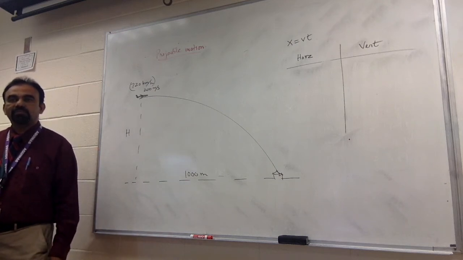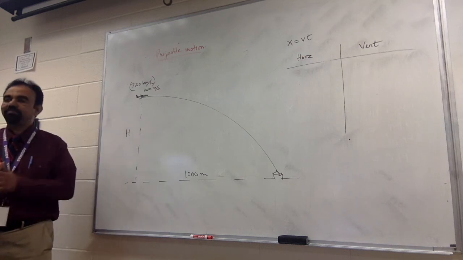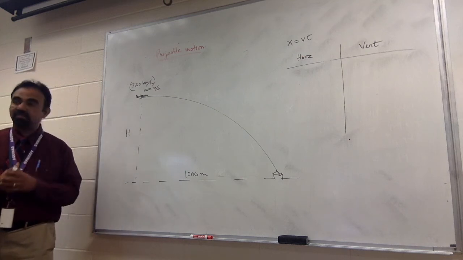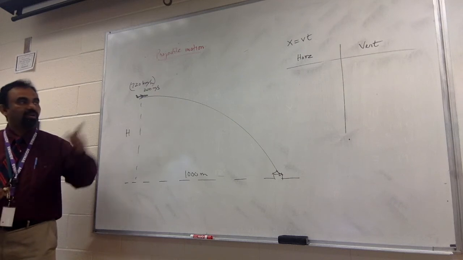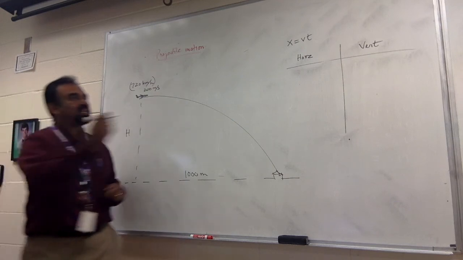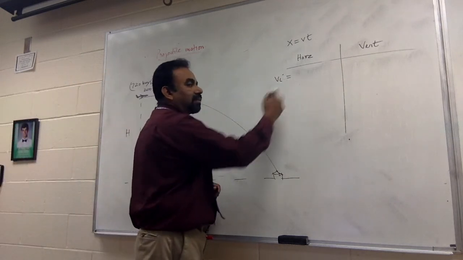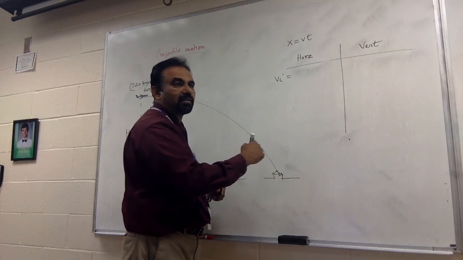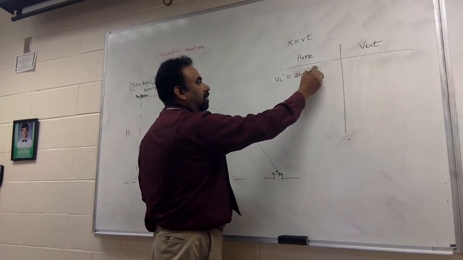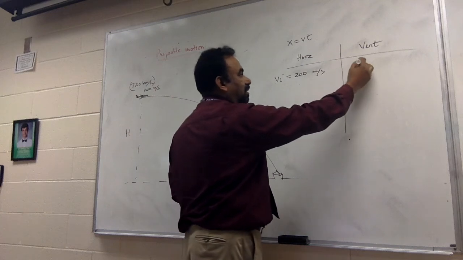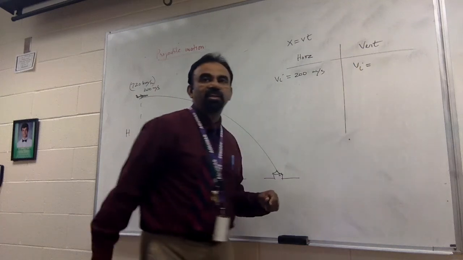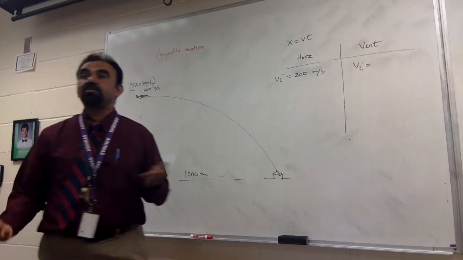So here's the problem. The question is to find this height. How do you start off? What is the initial velocity here? 200 meters per second. What is the initial vertical velocity? 0.